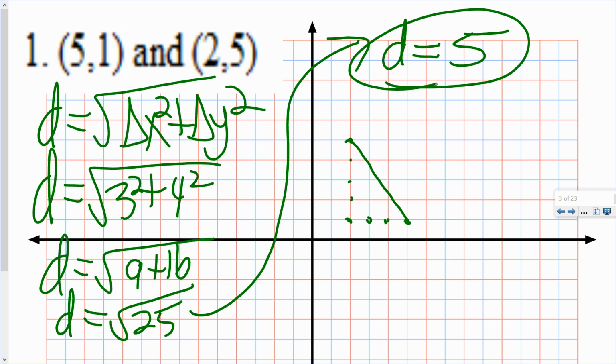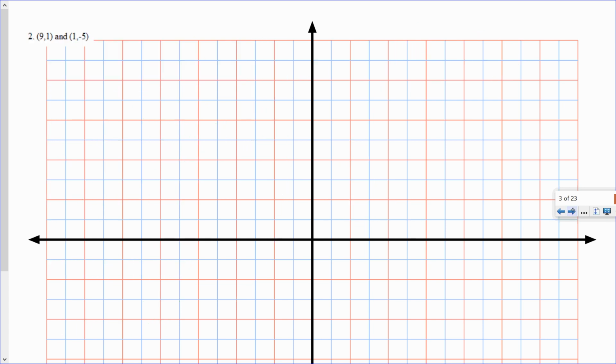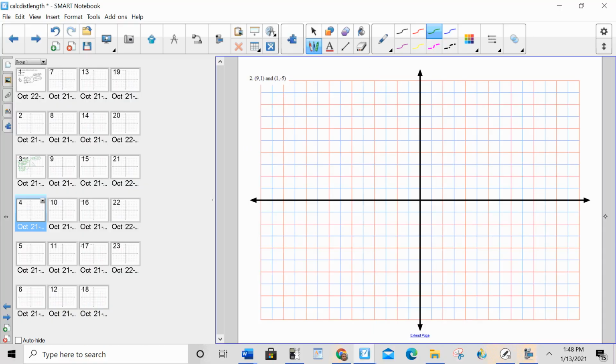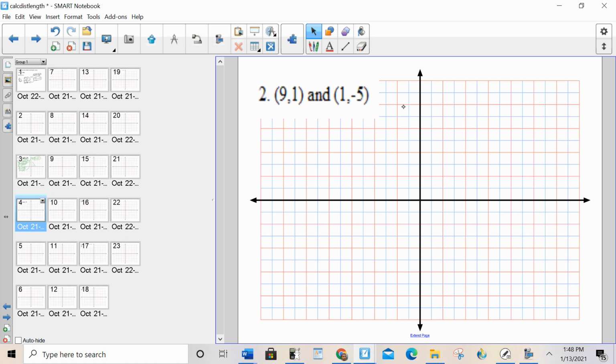So, to find the distance between 2 points, we use the distance formula. D equals radical delta x squared plus delta y squared. To find delta x and delta y, those mean the change in x and the change in y. I am counting in the x direction, and I am counting in the y direction. Number 2, 9, 1, and 1, negative 5.